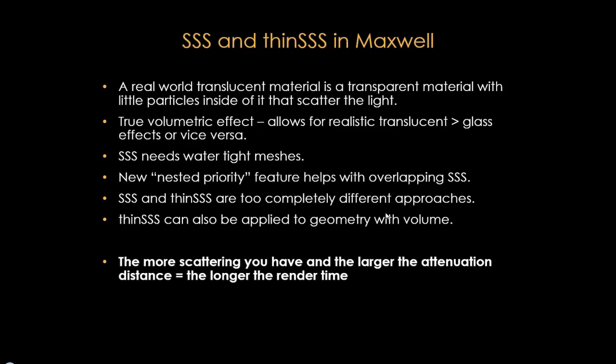Right, so now that we understand the fundamentals, it's time to dive into the parameters, and I'll explain to you the different relationships between the parameters in Maxwell, and which are really crucial to adjust, and which ones are really going to change a lot the look of your subsurface scattering materials.